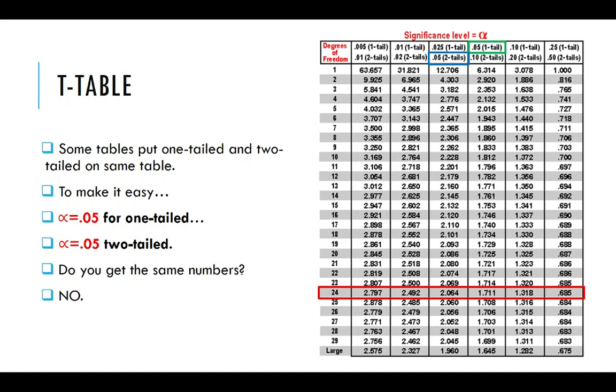So that's kind of interesting. We had the same degrees of freedom. We had the same level of confidence, but a one-tailed test and a two-tailed test had a different T critical, which meant the hurdle is different, right? The bar that had to be cleared is different for the one-tailed versus two-tailed test. We'll come back to talk about why that is in just a minute.